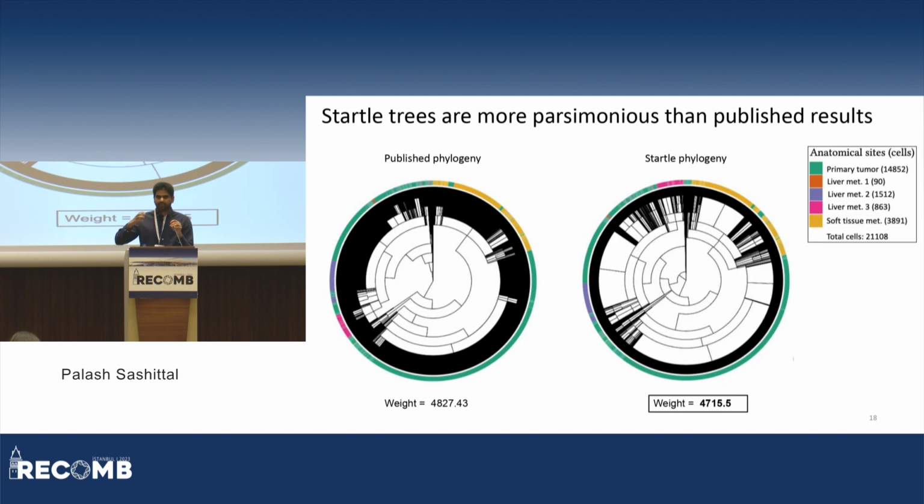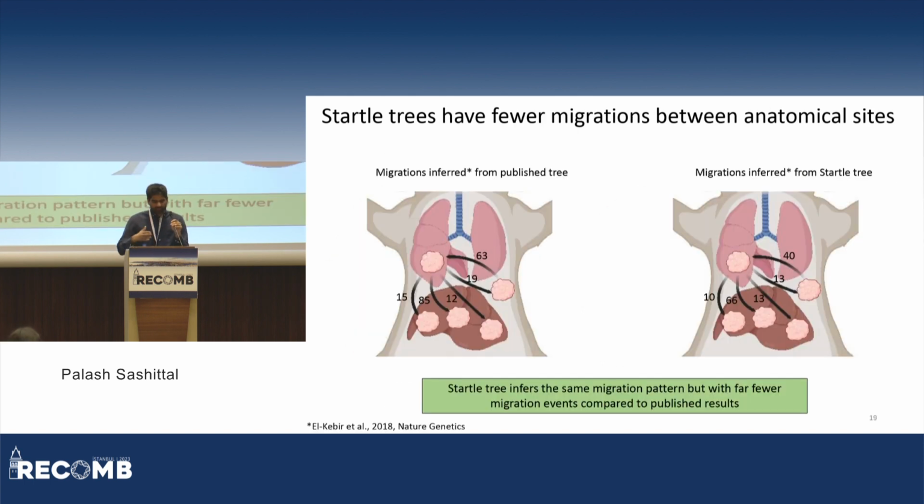The first thing we notice is that our method is able to build a more parsimonious solution than the ones that are published in this study. And then we check if this leads to a difference in the downstream analysis. What we find is that Startle trees also have fewer migrations between the anatomical sites for this case.